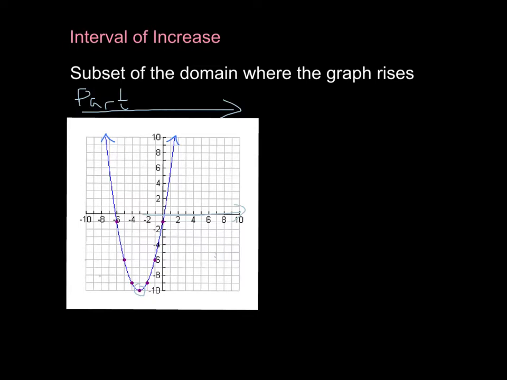So our interval of increase goes from negative 3 to infinity, and it does not include negative 3, because if you look at that specific point, if you drew the slope right next to that point, it would be a perfectly horizontal line, so that's not increasing right there. So we don't include negative 3.